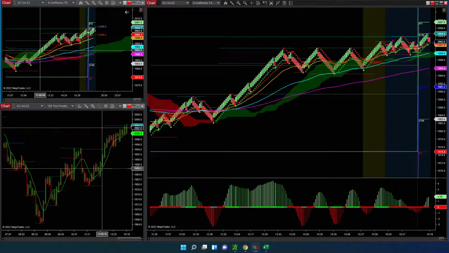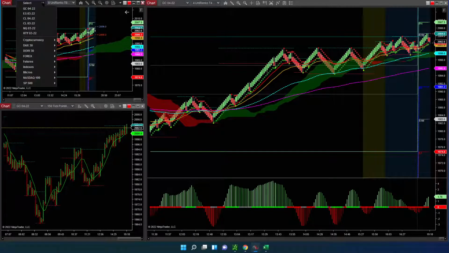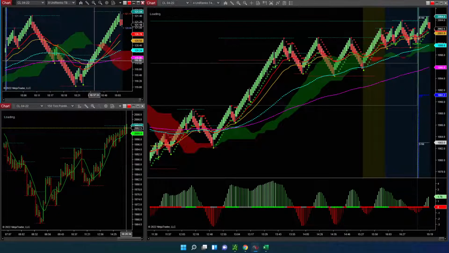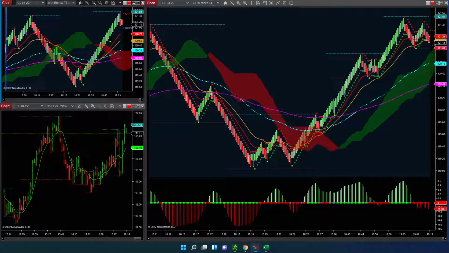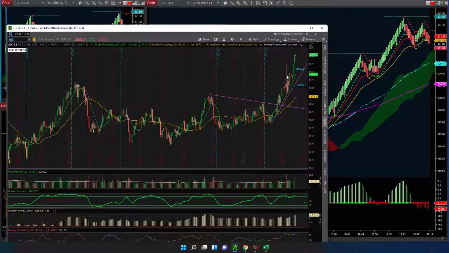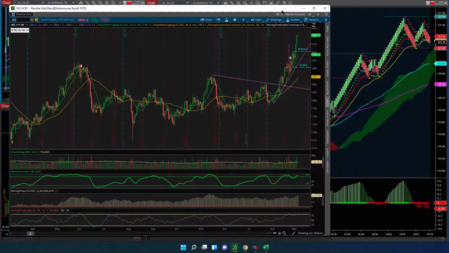Okay, so let's review the last market. This one is crude, and I forgot to mention this. So let me go to gold, and gold is totally to the upside, right? So taking shorts here is kind of risky. If we see the same parameters here, we have the market forecast indicator all the way up.